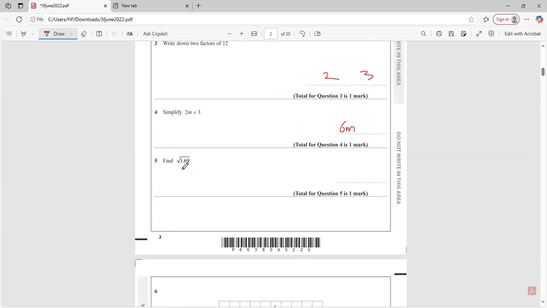Find the square root of 1.69. Okay, so in finding the square root of this, we'll remember that the square root of 169 is what? 13, isn't it? Noah, are you with me? Yeah.